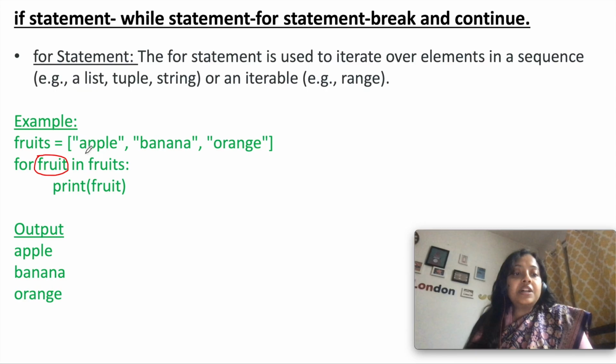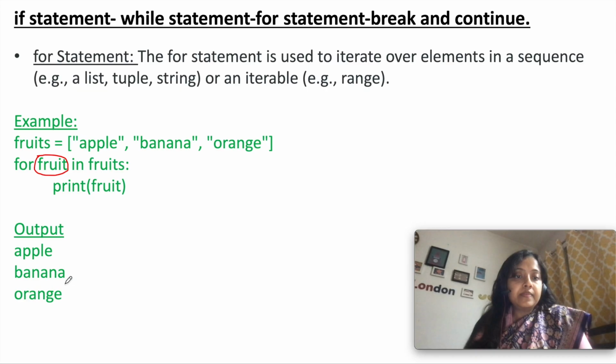So what happens? In the first iteration, the value of fruit is apple. So when we print in the next line, it comes to be apple. Print fruit is print apple. In the next iteration of this for in loop, it shifts to the next element and the next element comes inside this variable called fruit. So this time banana settles down in fruit variable, and when we print fruit, banana is printed.